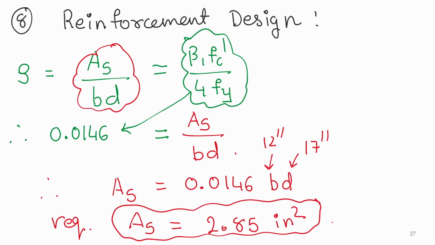Reinforcement design. So we found that rho is equal to 0.0146. We figured out b and d to be 12 and 17. So using the equation, area of steel is 2.85 inch square.